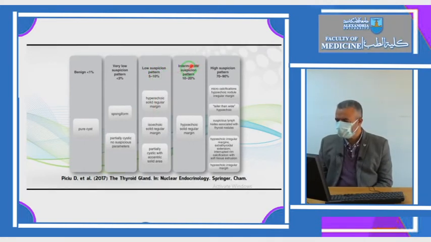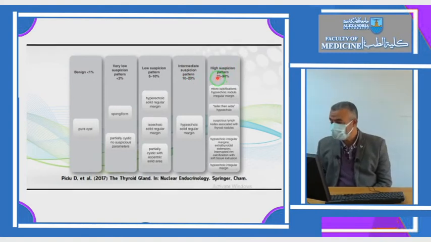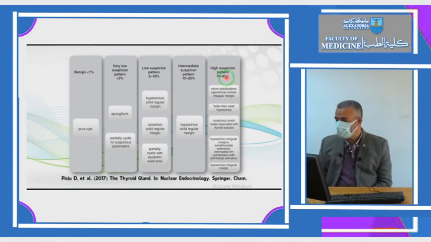The intermediate, which is the hypoechoic, has a chance of 10 to 20%, while those considered to be high suspicion have a risk of 70 to 90% of malignancy, including microcalcification, taller than wide orientation, involvement of the lymph nodes, an irregular margin, or extrathyroidal extension.